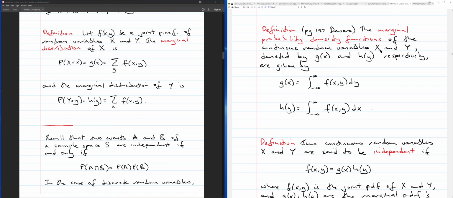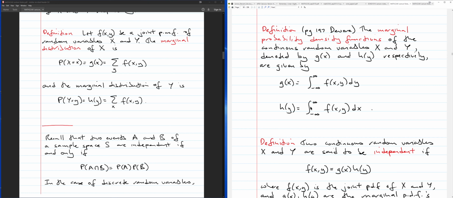And to get the probability density function for the x, you're doing the same sort of thing. In the discrete case, you are summing over all possible values of y. Likewise, from your joint PDF, to get the normal single random variable PDF for x, you sum your joint PDF over all possible values of y. And in the continuous case, the summation is done via integration. Likewise, we want a marginal PDF, a marginal distribution for random variable y.